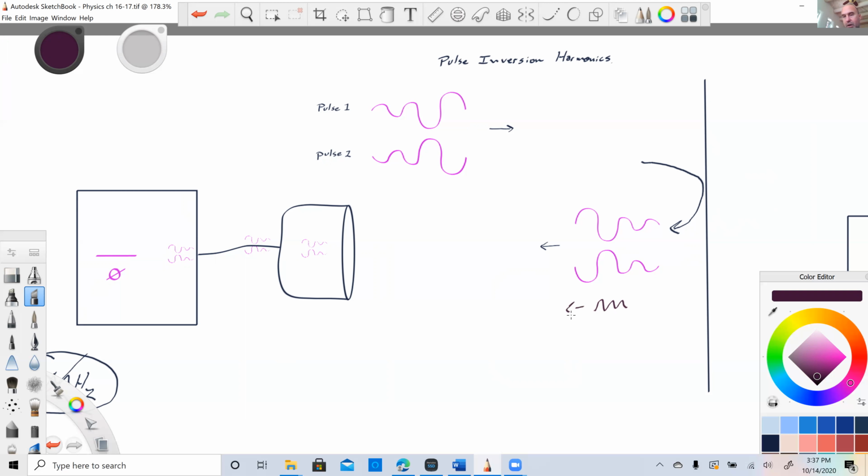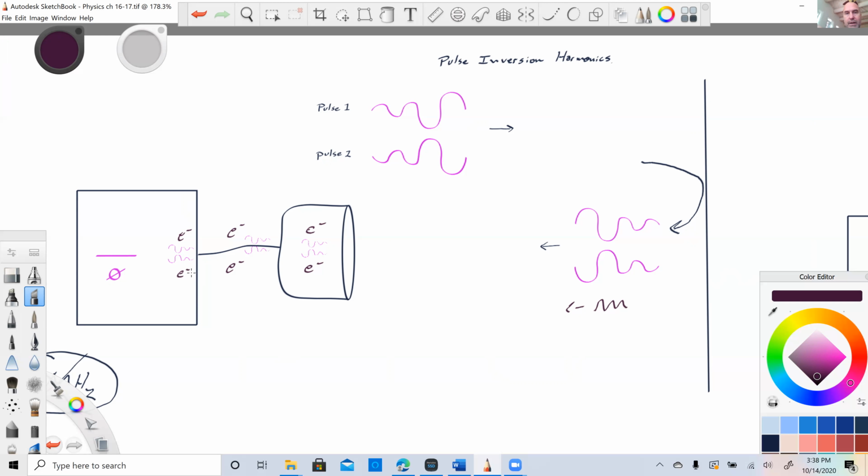But let's just look at these purple pulse one and the inverted pulse two. They go in, they strike the transducer, they become basically electric voltages, but I'm showing them as still a wave. Little electric voltages, they come into the beamformer and they cancel out because one of them is inverted.